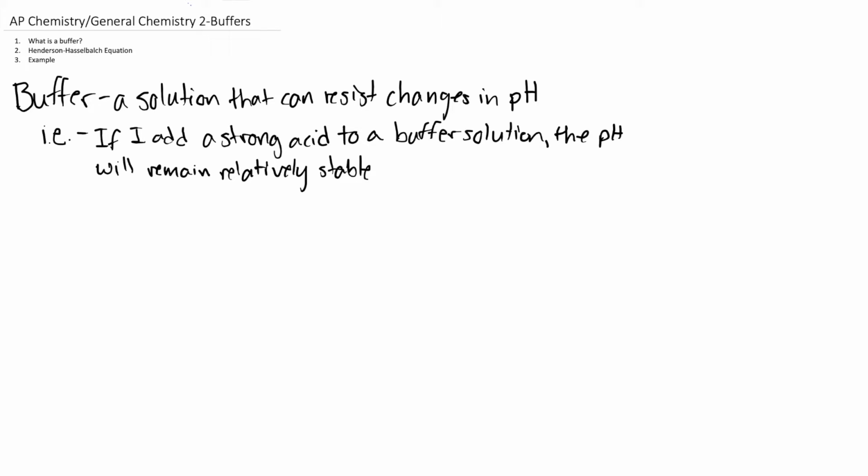Before we get into anything else, I want to look at how to make a buffer. Well, there are four main ways to make a buffer, and to look at that, we can say that a buffer is made up of a conjugate pair.